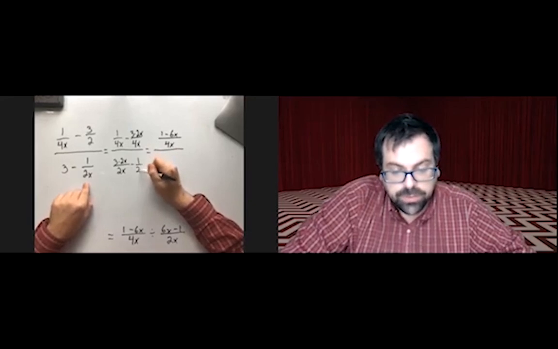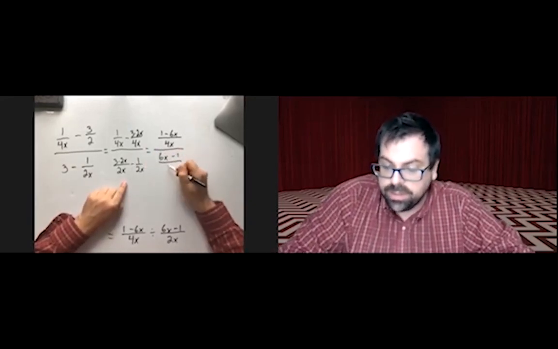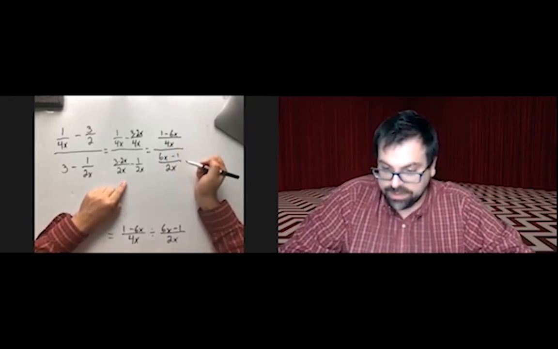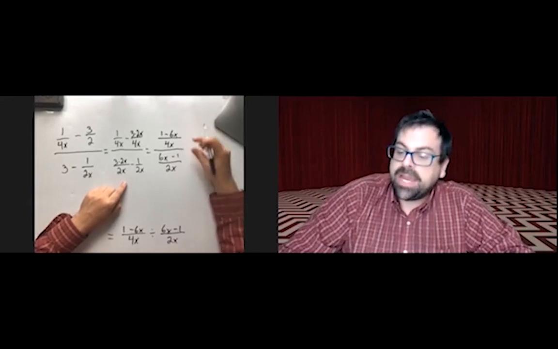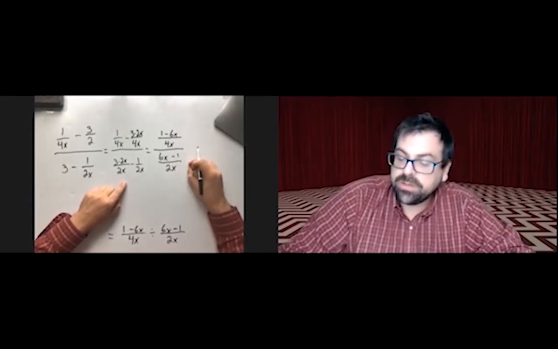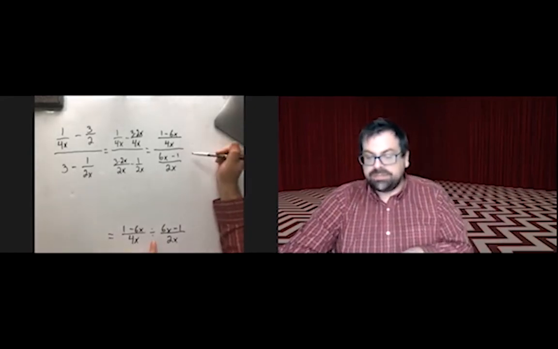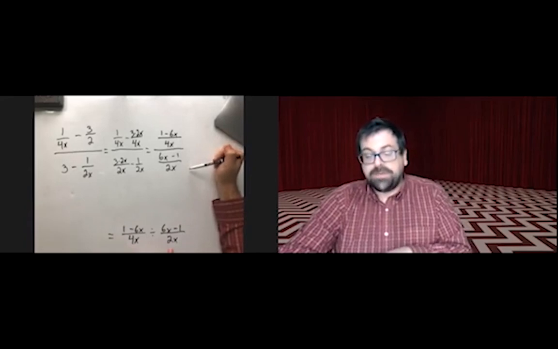Minus 1 over 2x, that's 6x minus 1 over 2x. And once we have single fraction over single fraction, that's fraction divided by fraction.